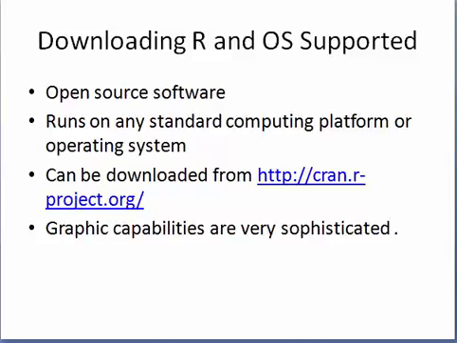Now, in R the graphic capabilities are very sophisticated, and many times the graphics produced, like heat maps, dendrograms, or box plots, are used to analyze data in a pictorial form, with pictures rather than as a table.